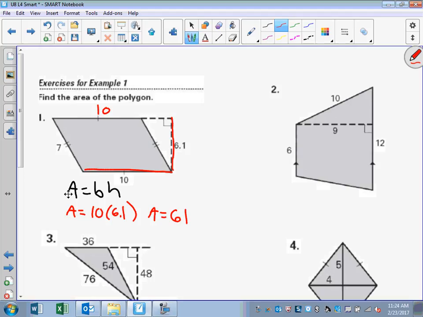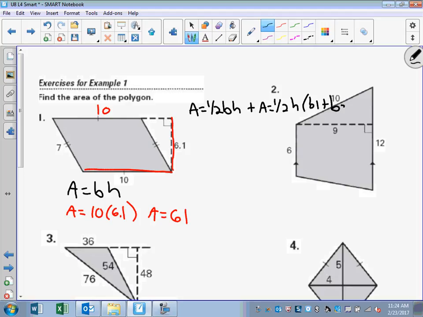For the second example, we have two shapes combined. So we have a triangle, which you all know is 1/2 base times height. And then we're going to have to add to that the area of this trapezoid, which is 1/2 times the height, and you got to add the bases together.